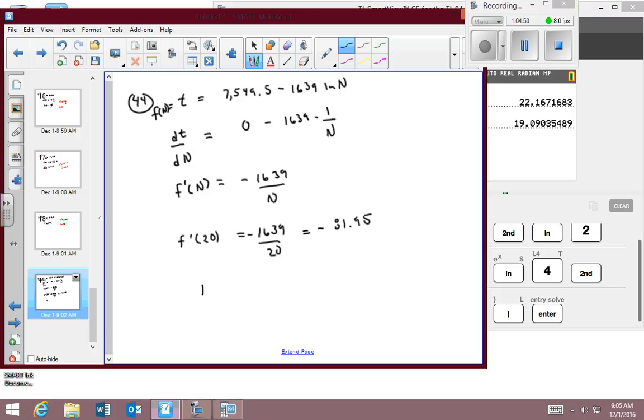So the number of grams present is 100 minus 81.95. Okay, what are we talking about? Zero, 10 grams.